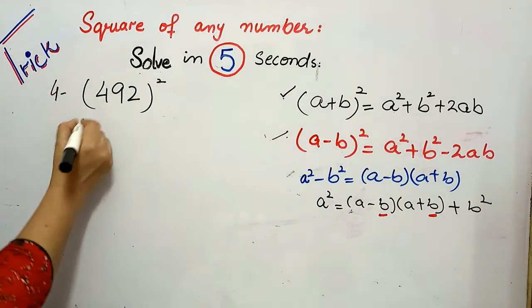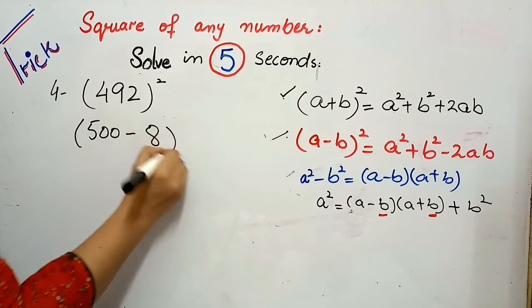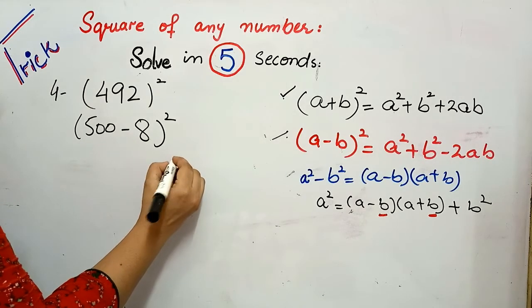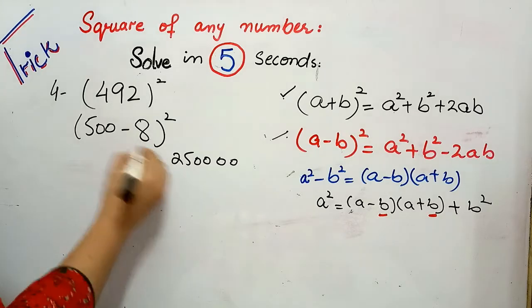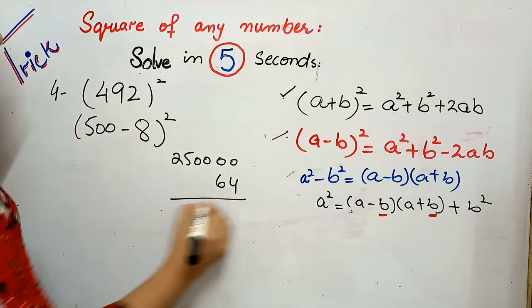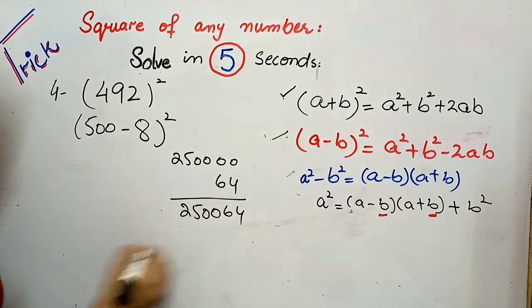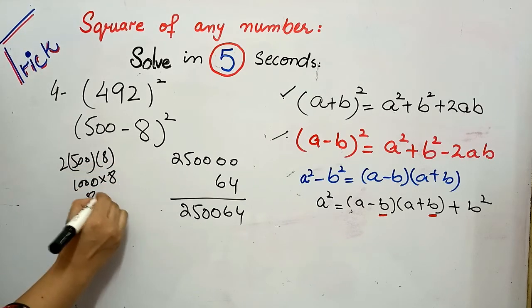So I think 500 minus 8 whole square will be the best one. 500 whole square will be this, and plus 64, it will be 250064, and 1000 multiplied by 8 will be 8000.